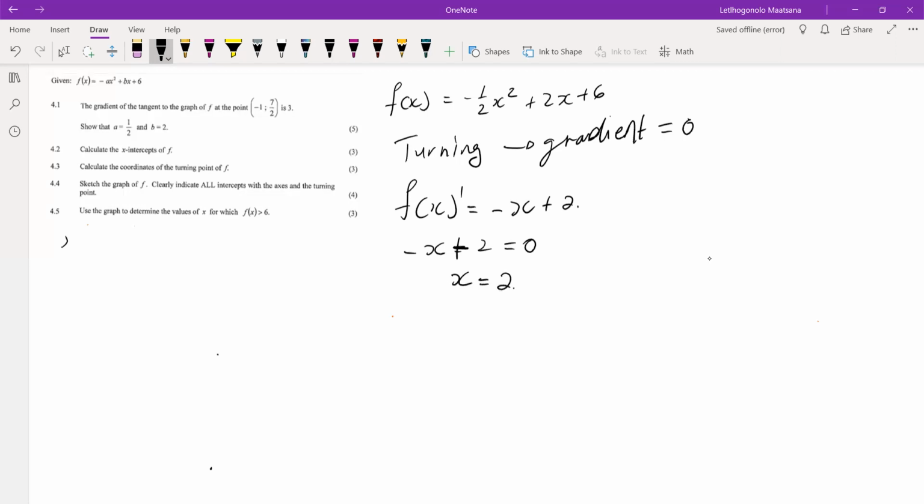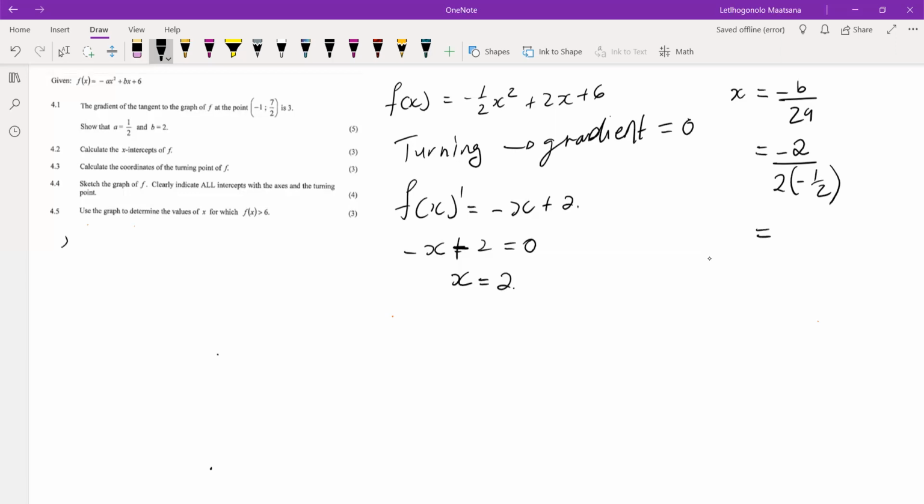The second way we can find the x value is by using this equation that says x is equal to negative b over 2a. Our b is a negative, so the negative is there, but our b is just a 2, and our a is a negative 1 over 2.